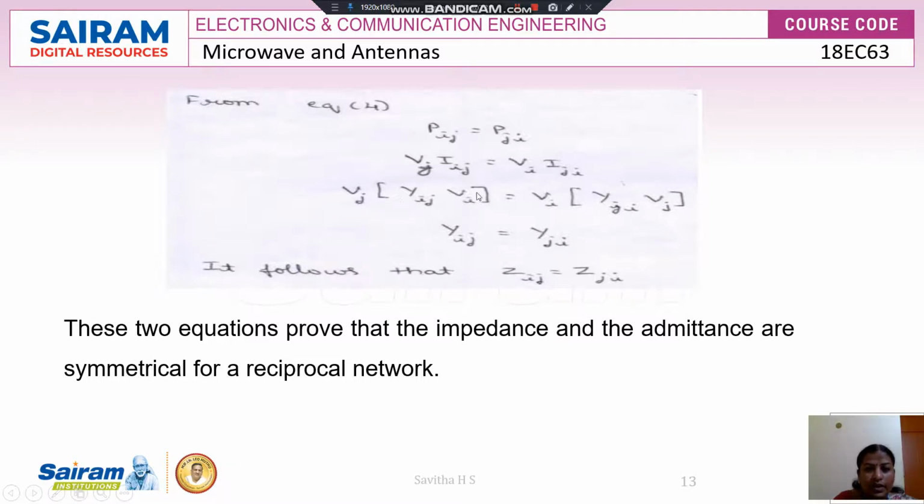So Ii should be represented by Yij into Vj. Now in this expression, Vi and Vj appear on both sides and get cancelled. So finally we can write Yij is equal to Yji. If the admittance parameters are symmetrical, we can say that the impedance parameters are also symmetrical. So these two equations prove that the impedance and the admittance matrices are symmetrical for a reciprocal network.